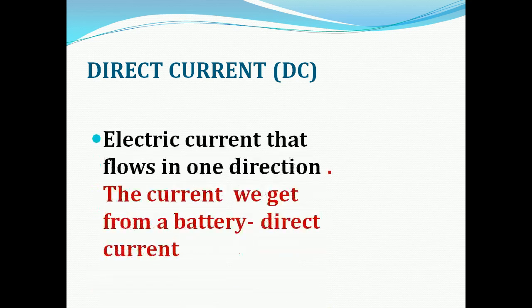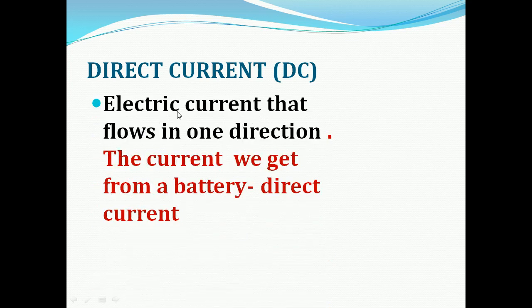So before seeing electric motor, we have to know about what is meant by direct current and alternate current. Direct current is also called DC. So what is meant by direct current? The electric current that flows in one direction is called direct current.